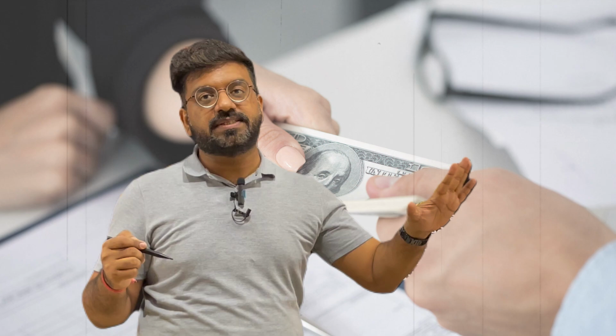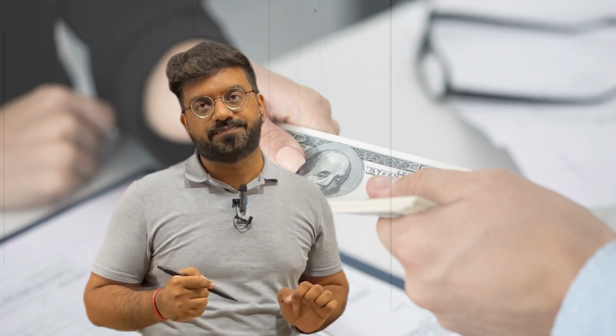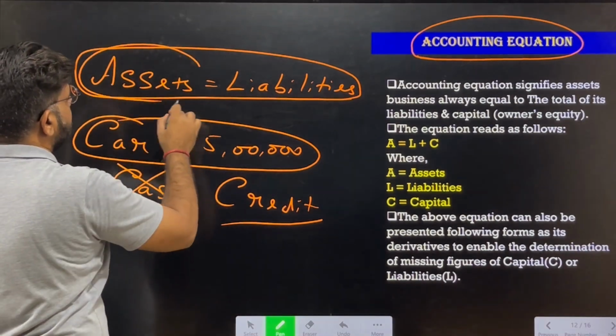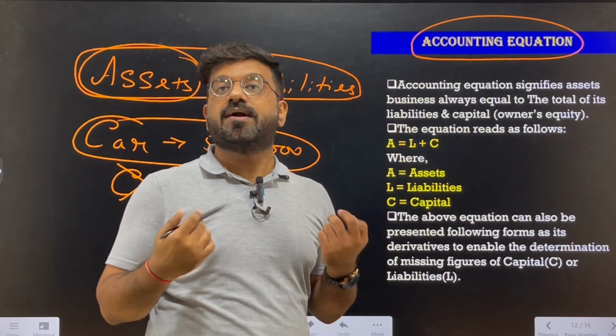Since you have purchased this car on credit, the car which you have will also have a liability that you have to pay back the amount to that person from whom you have purchased that particular car. Is that clear? So this is why the assets are always equal to the liabilities when you purchase it on credit.